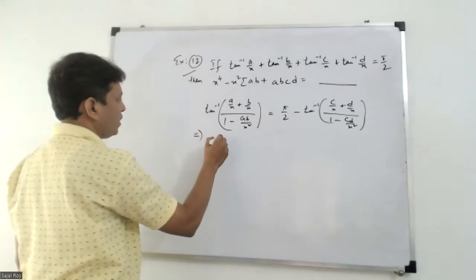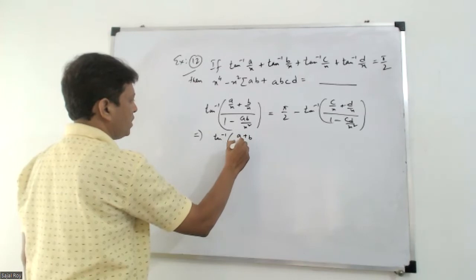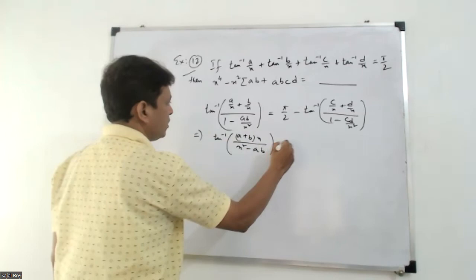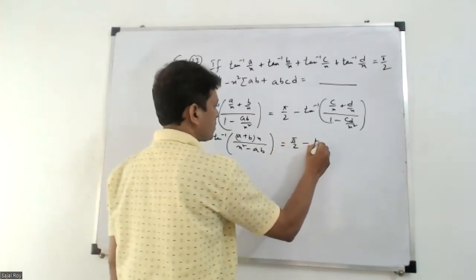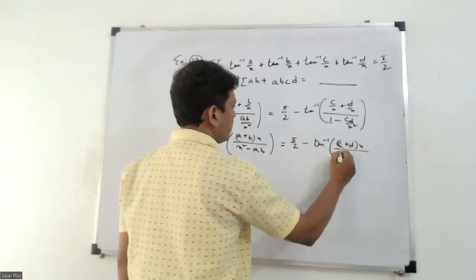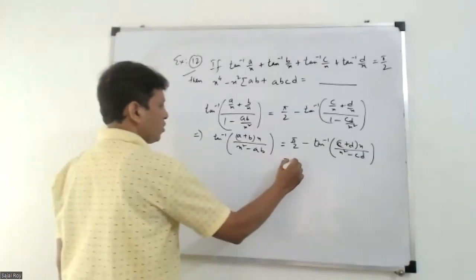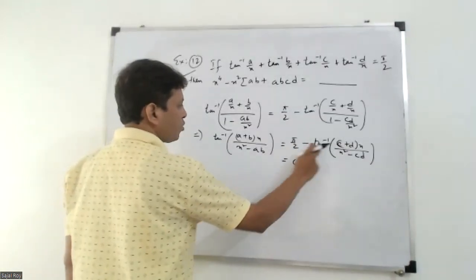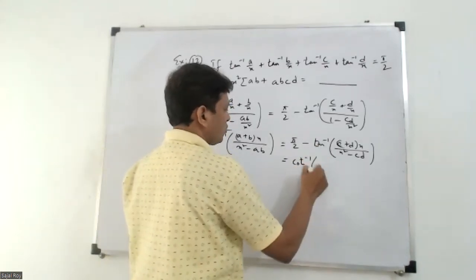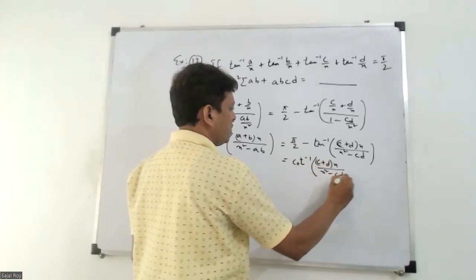So it's going to be tan inverse of (a plus b) into x by (x squared minus ab), and pi by 2 minus tan inverse of (c plus d) into x by (x squared minus cd). Got it? Now pi by 2 minus tan inverse theta is cot inverse theta, so it's cot inverse of (c plus d) into x by (x squared minus cd).